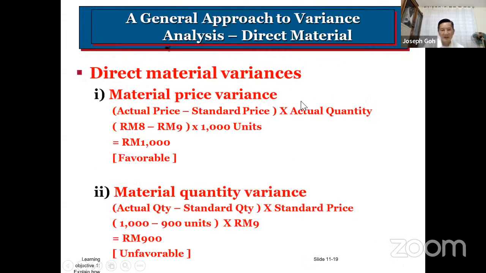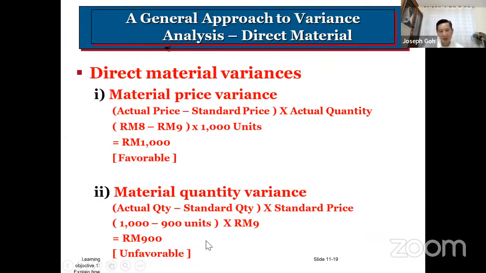In this example, we assume you use the same 1,000, but the standard we set is 900 units, and the standard price is 9 ringgit. So 1,000 minus 900 times 9 ringgit, you have 900 as the unfavorable variance.